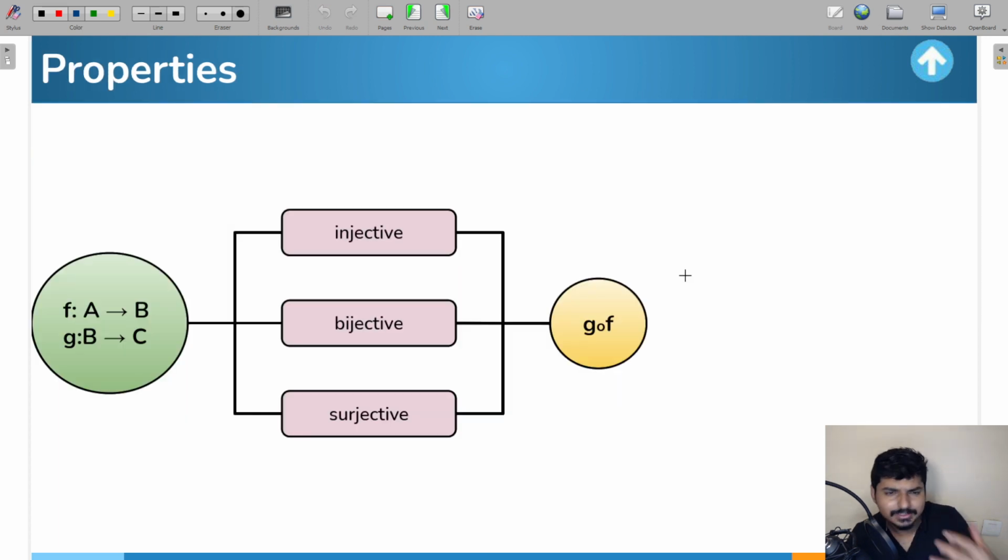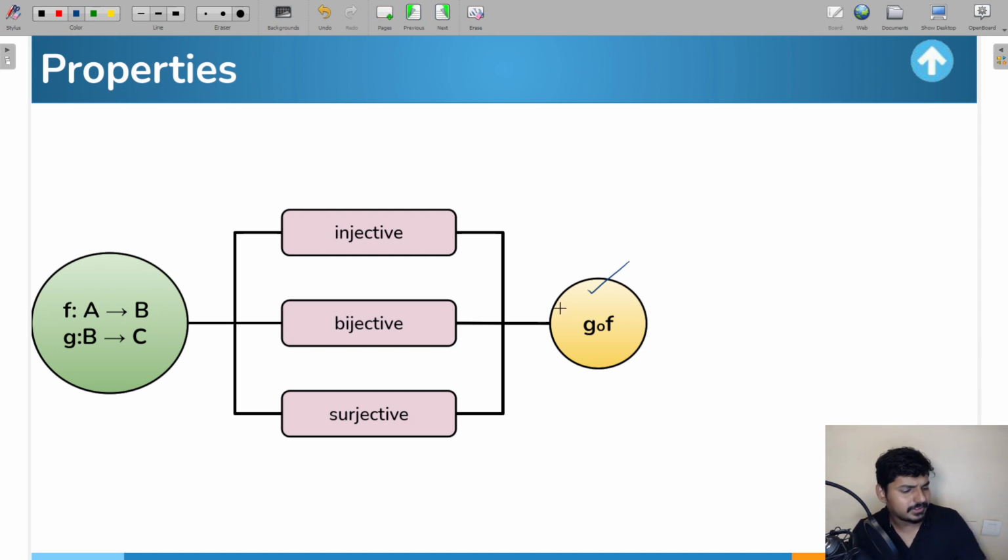Now let me start discussing a few properties related to the composite function. Guys, remember that if f and g both are injective, g circle f is also injective. If f and g both are surjective, that is onto, g circle f is also onto. And if f and g both are bijective, g circle f is also bijective.